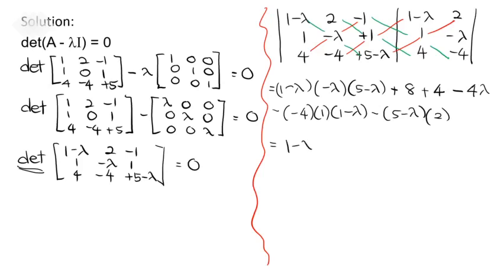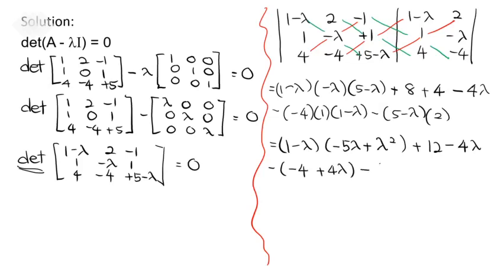Okay, this one 1 minus lambda, negative 5 lambda plus lambda square, plus 12 minus 4 lambda, minus this one is negative 4 plus 4 lambda, and this one you have to expand, 10 minus 2 lambda.